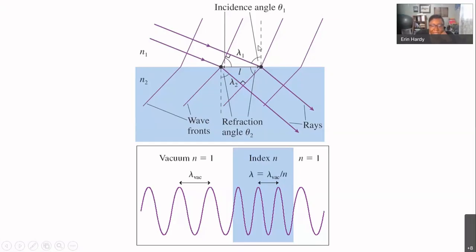So in other words, we can make an argument that if the normal is perpendicular to the interface, then whatever value I would measure down from the normal to the lower incident ray has to be the same as what you would measure for the second one, the higher incident ray.